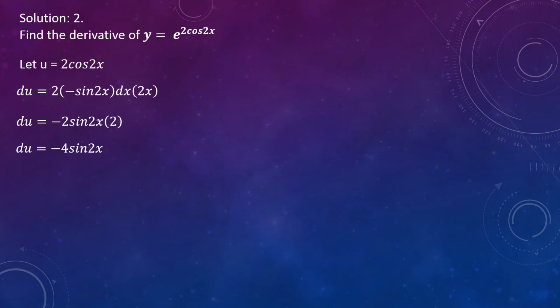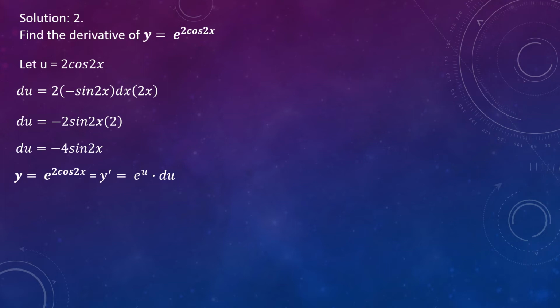So we can now have y. From y is equal to e to the power of 2 cos 2x, we get its derivative: y prime is equal to e to the power of u times du. The du value is negative 4 sine 2x.